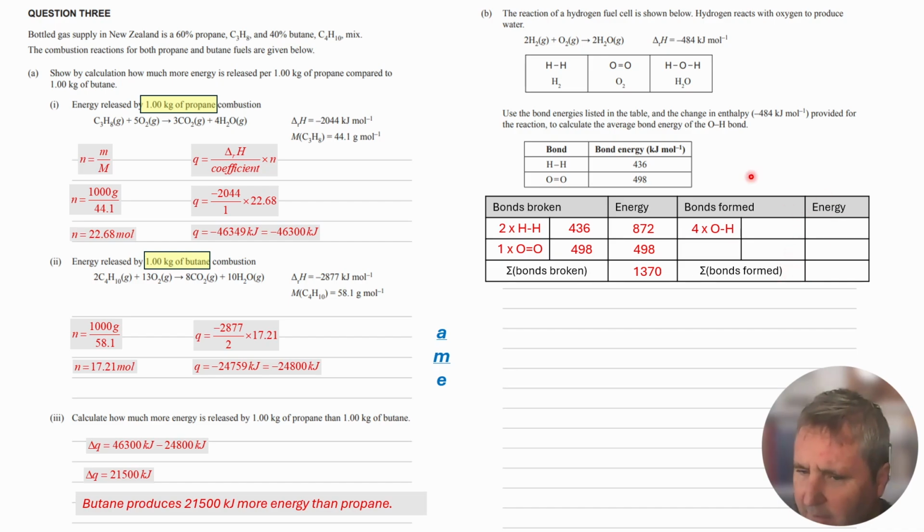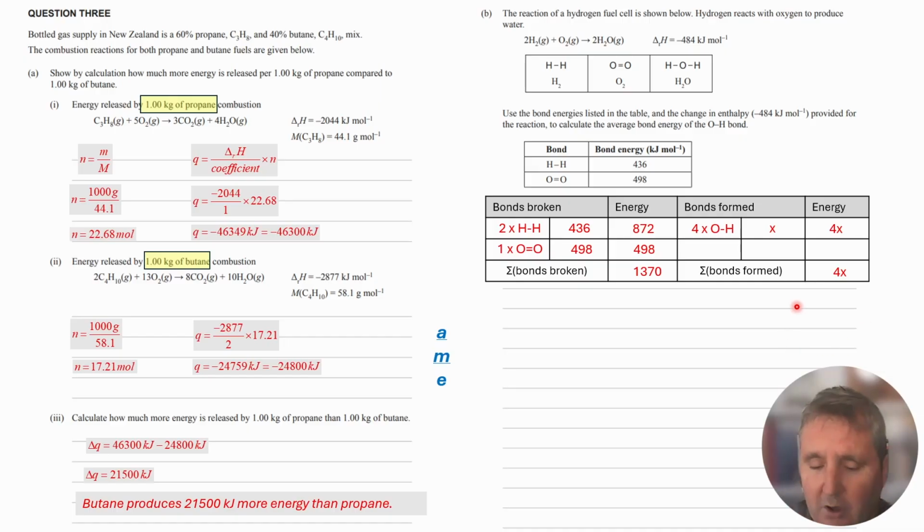Now I don't have a value for the OH bond, because they asked me to calculate the value of the OH bond. So because I don't know this, this is going to be x. And because there are 4 of them, the total amount of energy is 4x. So the energy for forming the bonds is going to be 4x.